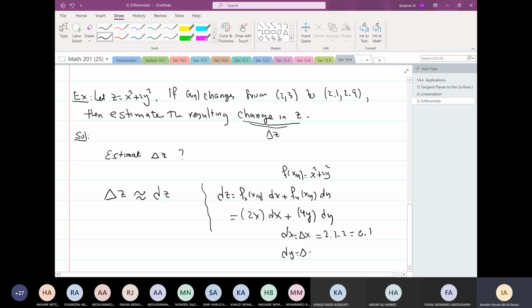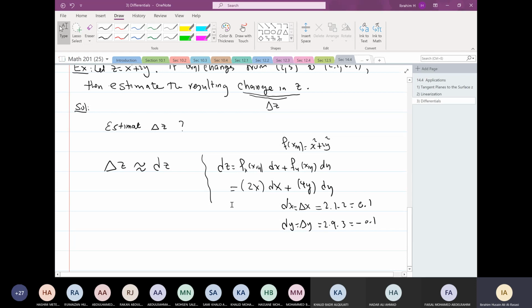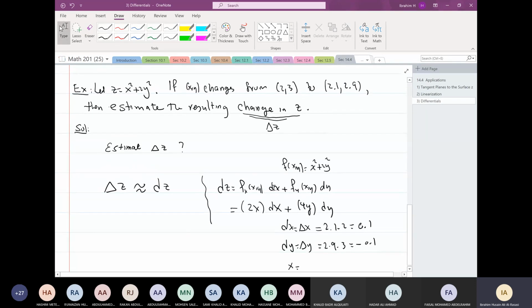It is delta y, y final minus y initial, 2.9 minus 3, which is minus 0.1. So I have now dx and dy. I need x and y. What are the values of x and y? For x and y, should I choose the initial point or the terminal point?